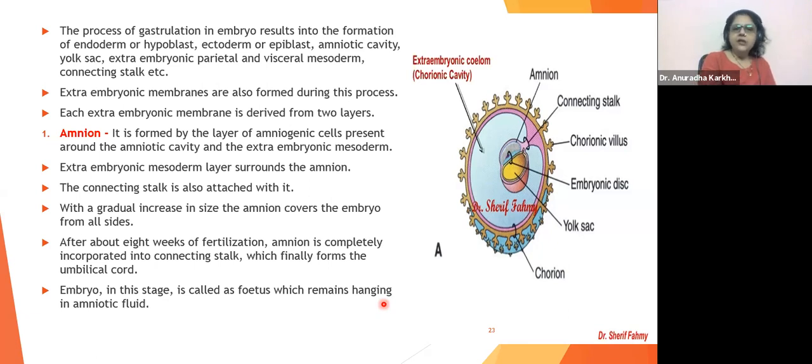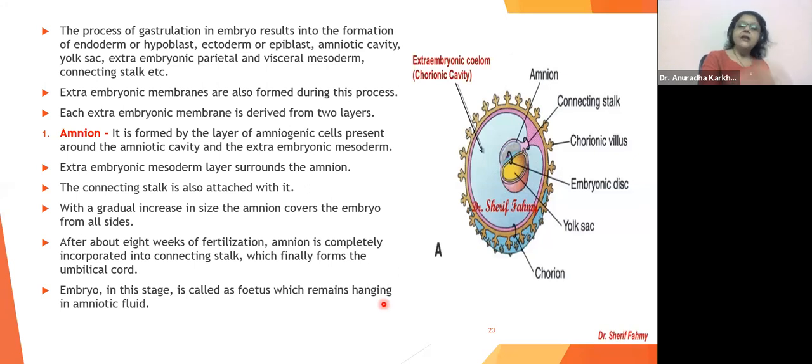With gradual increase in size, the amnion covers the embryo from all sides. So this amnion membrane is going to eventually cover the entire developing embryo from all sides. After about 8 weeks of fertilization, the amnion is completely incorporated into the connecting stalk.